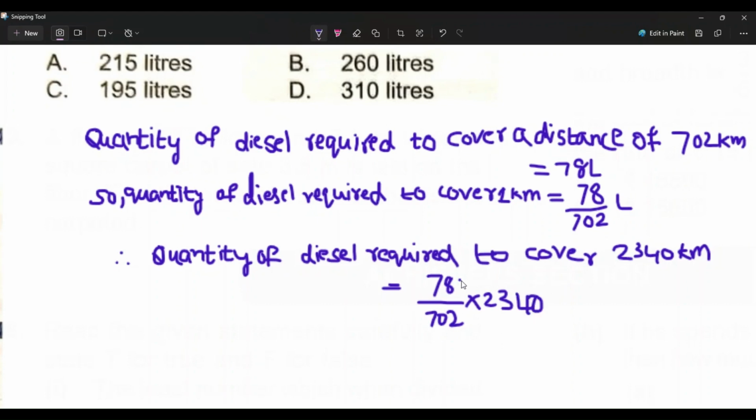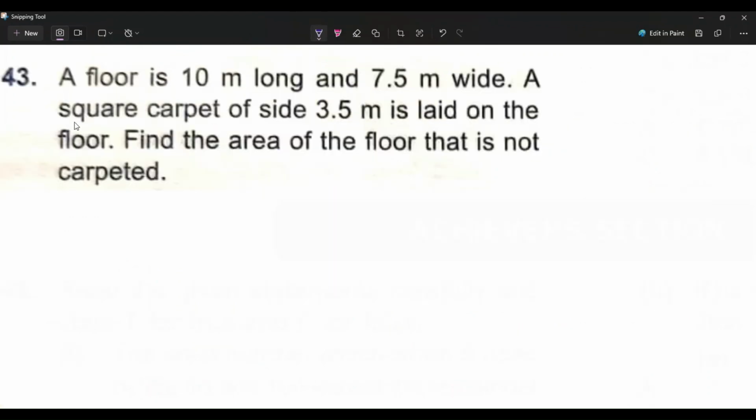So let's cancel. 78 ones are 78, 78 nines are 702, 9 ones are 9, 9 twos are 18. So we are remained with 5, 54, 9 sixes are 54, 9 zeros are 0. So answer is 260 liters. So option B is the right answer, children.